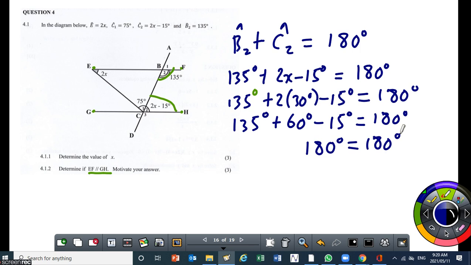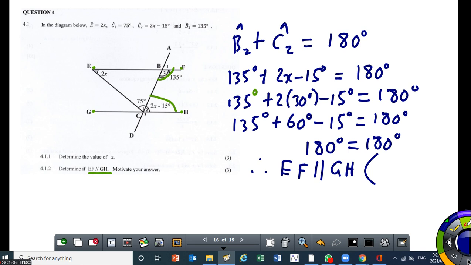Then I'll say therefore, B2 plus C2, or rather, let me make my conclusion and say therefore EF is parallel to GH. My reason is to write co-interior angles supplementary, that is SUPP.